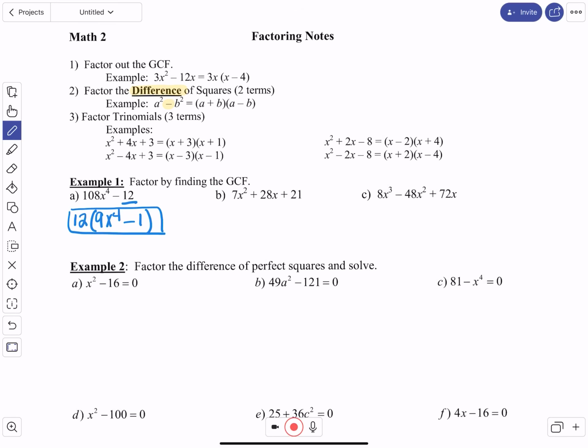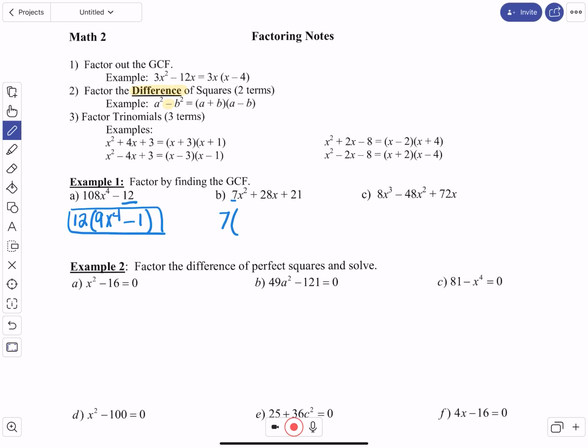On B, to figure out my GCF, I find my smallest number, which is 7. I'm just going to see if 7 goes into everything. So 7 goes into 7, 7 goes into 28, 7 goes into 21. So 7 is my GCF. Now, they all don't have an x, so x is not going to be part of my GCF. 7 is my GCF, and then all you're going to do is divide each term by 7.